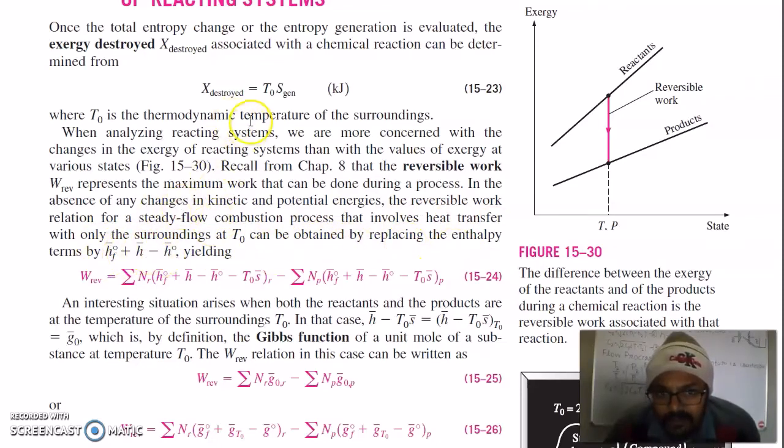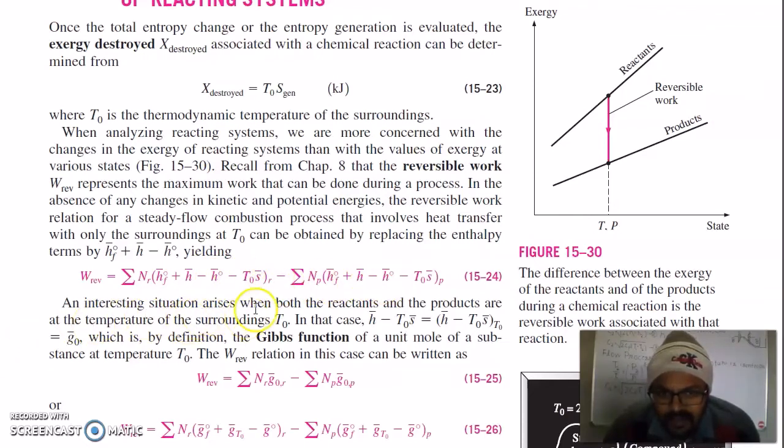So here you can see, the reversible work is equal to the number of moles of reactant times the heat of formation at standard temperature and pressure, plus the enthalpy at the temperature at which your reactants are supplied, minus H naught, which is the standard enthalpy, minus T naught S bar for the reactant, and the same for the products.